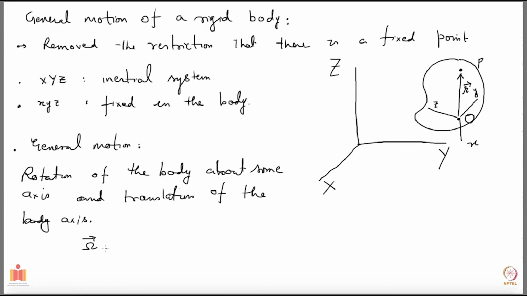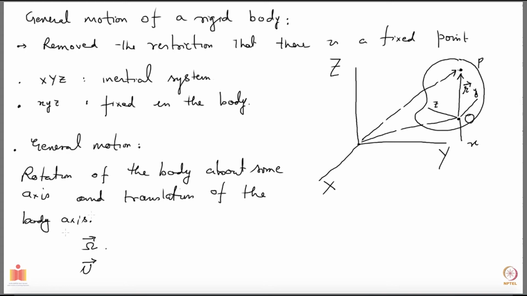So if you look at the velocity v of this point P in the body, in the inertial system, it has some location in the space system or inertial system, and some radial vector here, and I'm looking at the time rate of change of this vector.